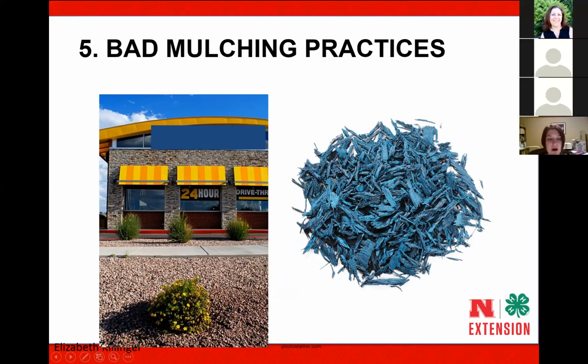But if we put it around the landscape in a public location like this, rubber mulch is flammable. So it can smolder and it can start to take off. In the right location, like a children's playground or something along those lines, it's a great addition, but it just doesn't break down with time. And like I said, it can be a little bit of a hazard.